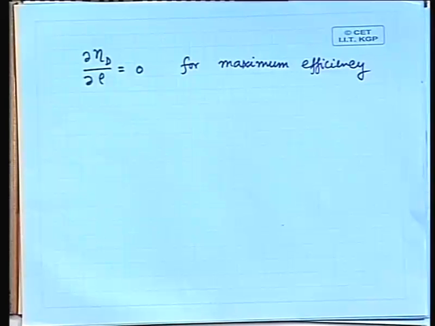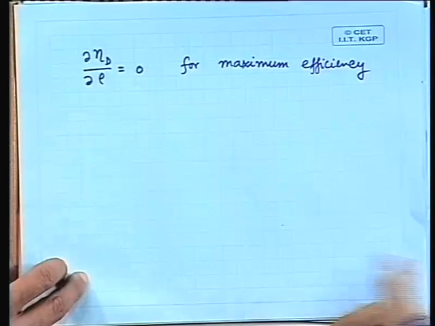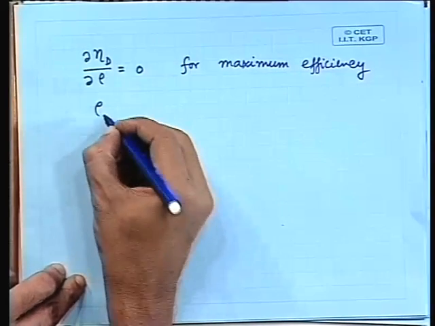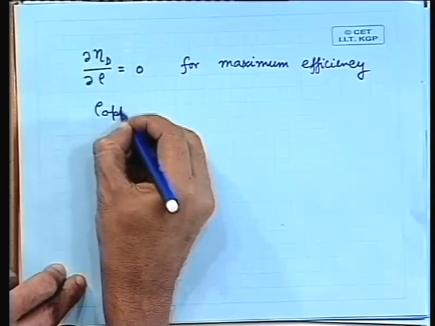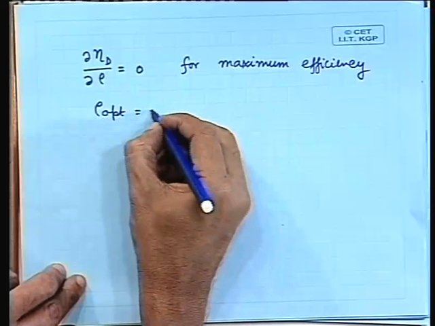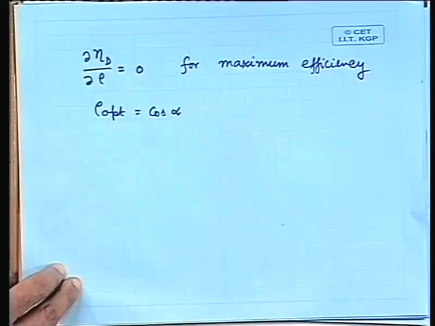That one can write, and then this will give you rho optimal equal to cos alpha.